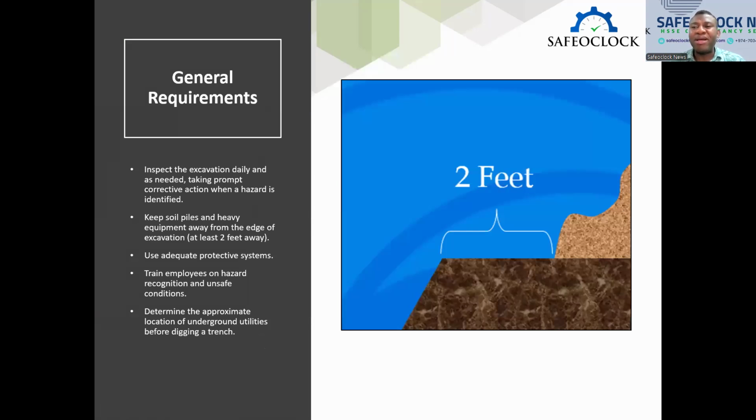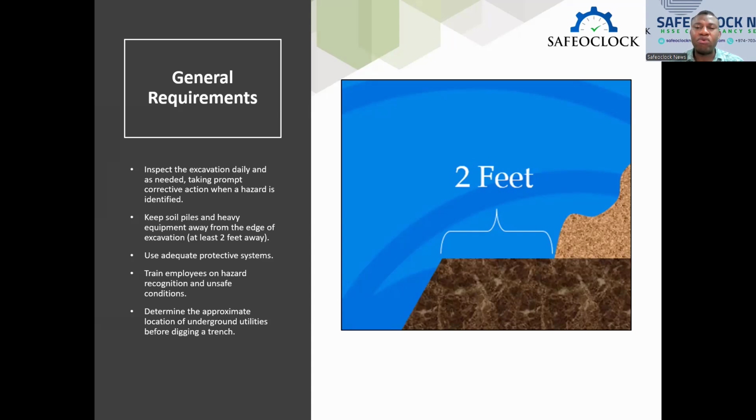So, general requirements during excavation. One of them is talking about 2 feet. What does this 2 feet mean? It means that the soils or the piles of soils removed during the excavation must be kept at a minimum of 2 feet away from the excavation edge. What does this mean?